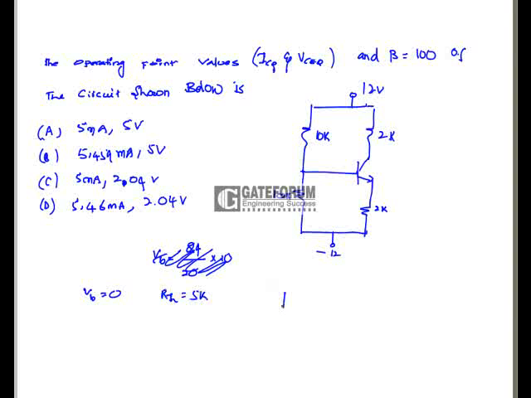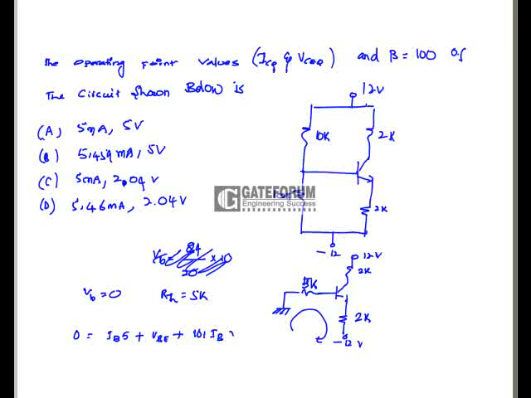If we model this circuit, this is 5k, minus 12 volts, 2k, plus 12 volts. So apply KVL at the input side. 0 is equal to IB into 5 plus VBE, that is 0.7, plus 101 IB into 2, plus minus 12.